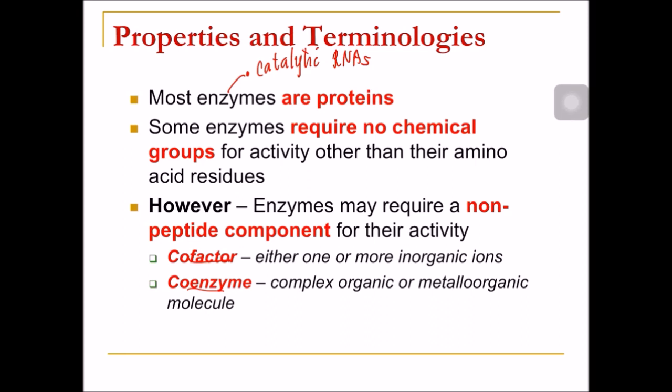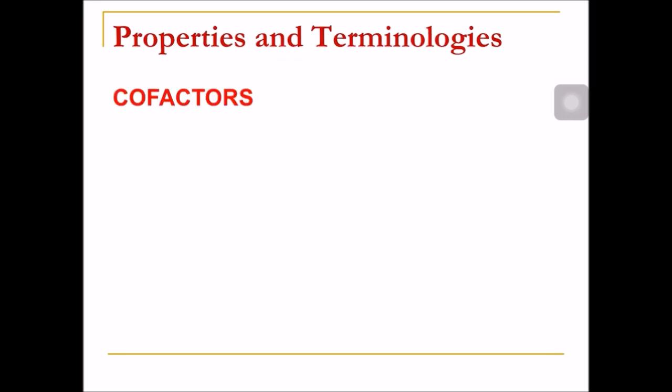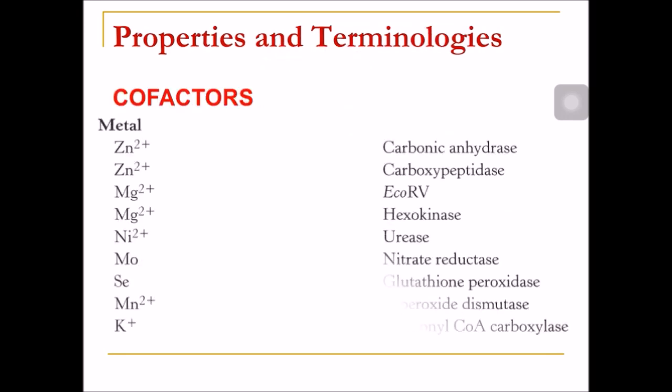The difference between the two is that ang cofactor, it contains one or more inorganic ions, while coenzyme contains metals, right? Metals or metallo-organic molecule. So as examples, we have cofactors shown on this table. You have to memorize this because this could emerge in the quiz.